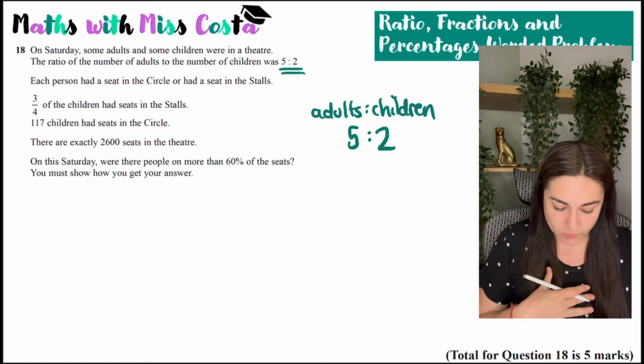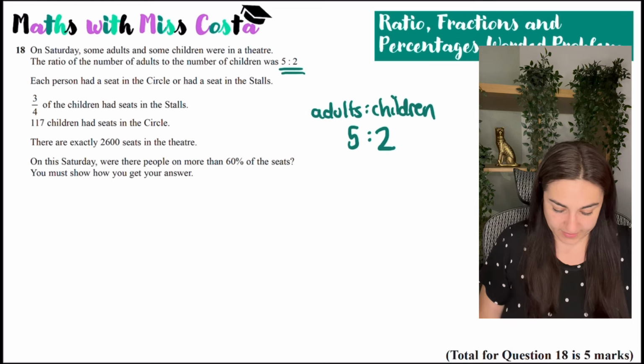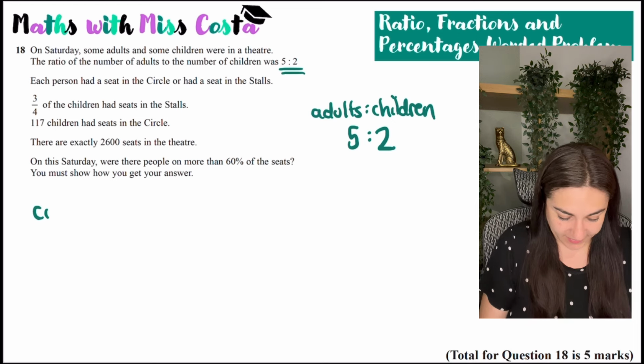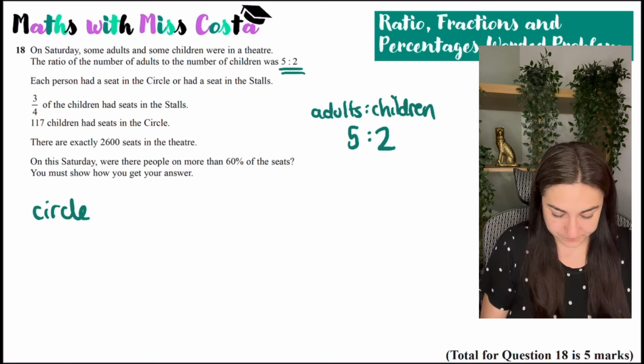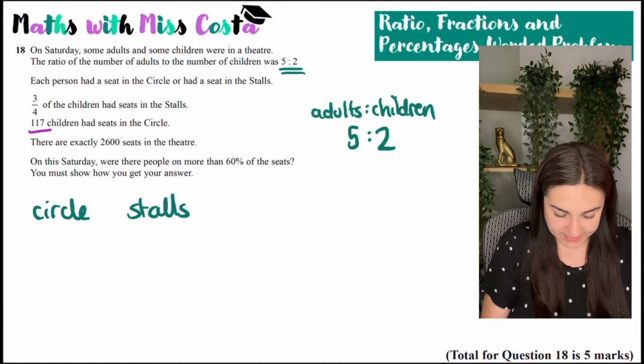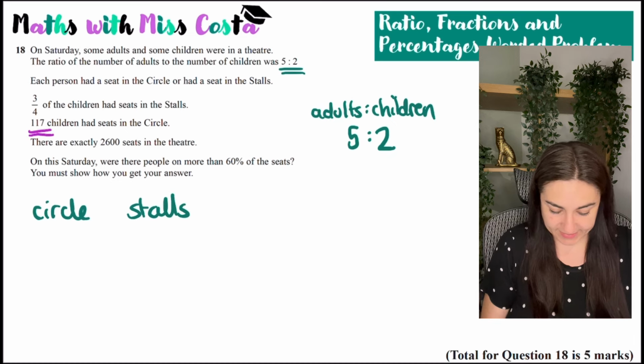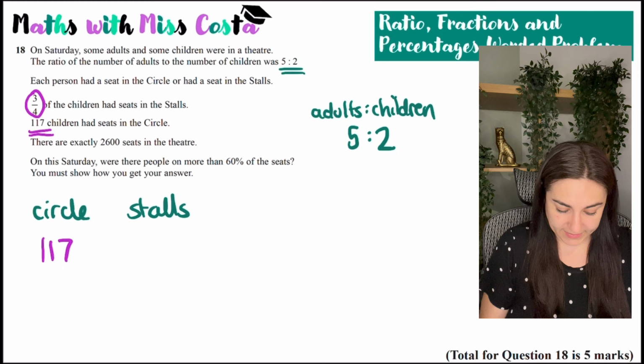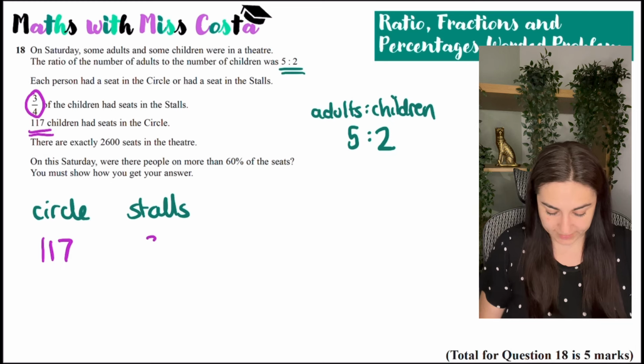It says 3/4 of the children had seats in the stalls. Okay, so you either have circle or stalls, and I know that 117 children had seats in the circle.